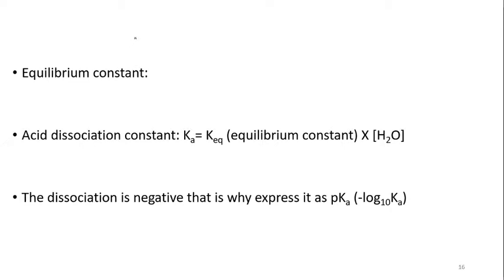Now let's talk about a general reaction where an acid reacts with water, where my acid is deprotonated and the water accepts the proton of the acid. My equilibrium constant will be my products over my reactants.